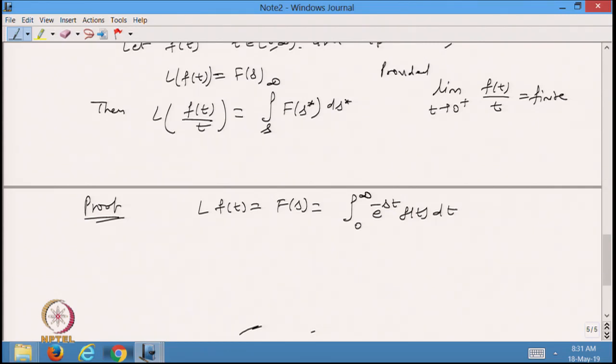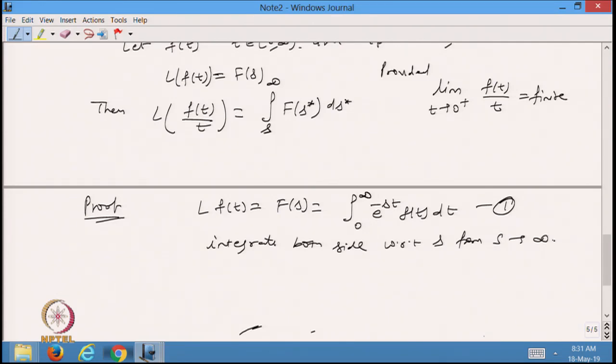Now, this is equation 1. Now integrate both sides with respect to s from the limit s to infinity.